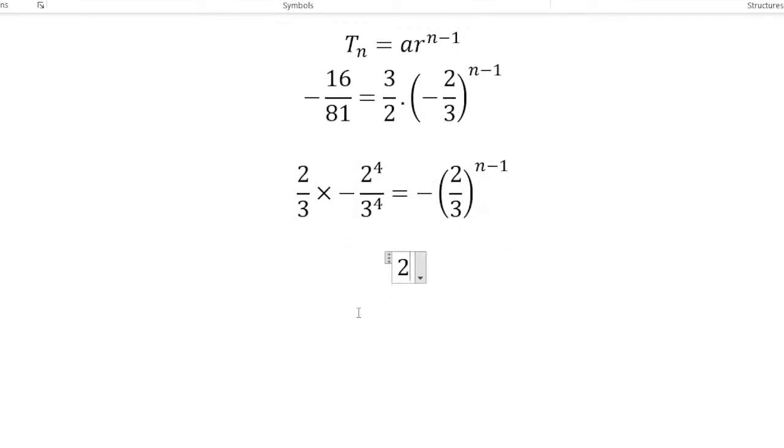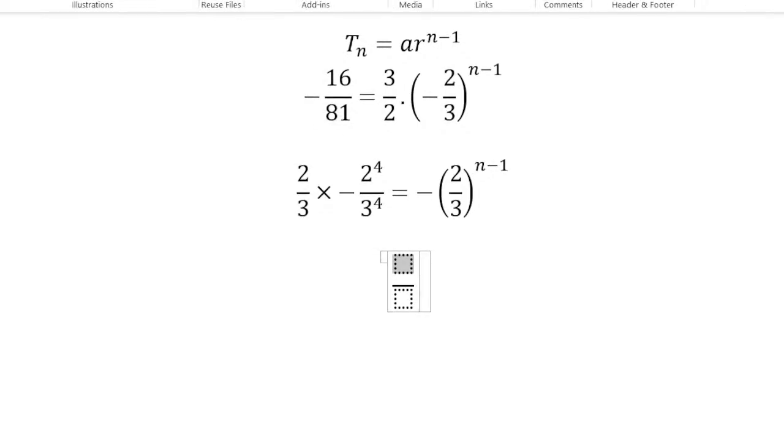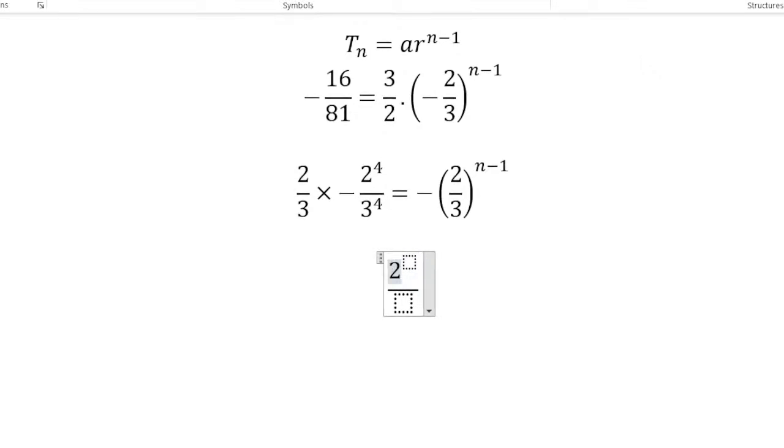So we'll be left with 2 to the power 5 over 3 to the power 5 is equal to 2 over 3, all to the exponent n minus 1.